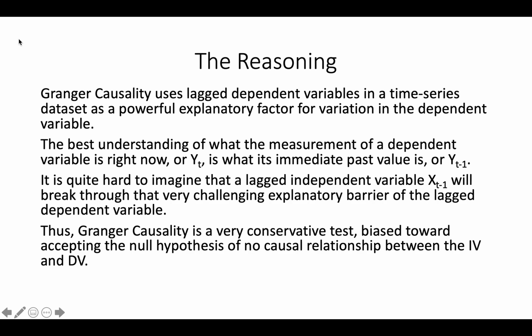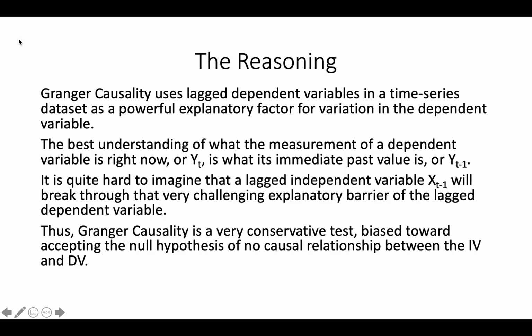So when we say a value is lagged, it's lagged by one time period. That could be quarterly data if we're talking about economics, or annual data if we're talking about economics or democracy. But that's what is meant by lagged variables. So Granger causality uses a lagged dependent variable.